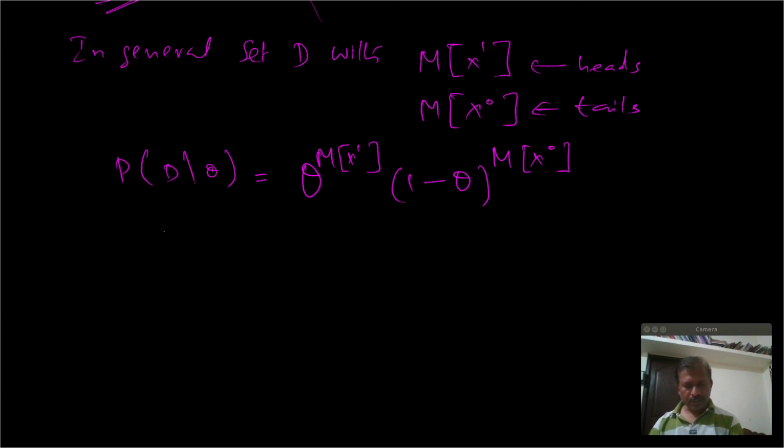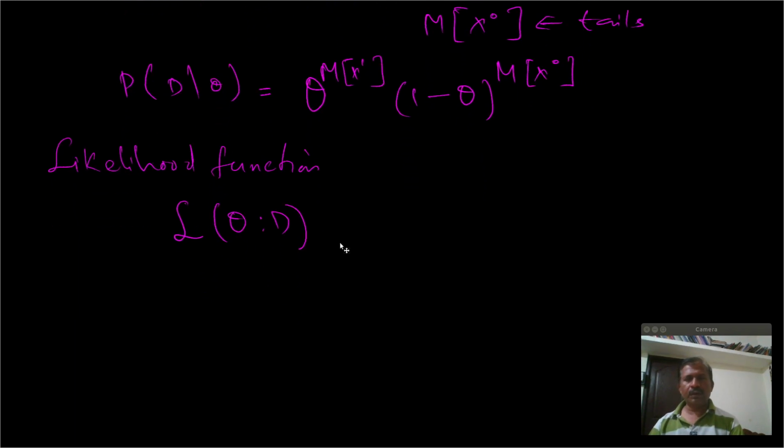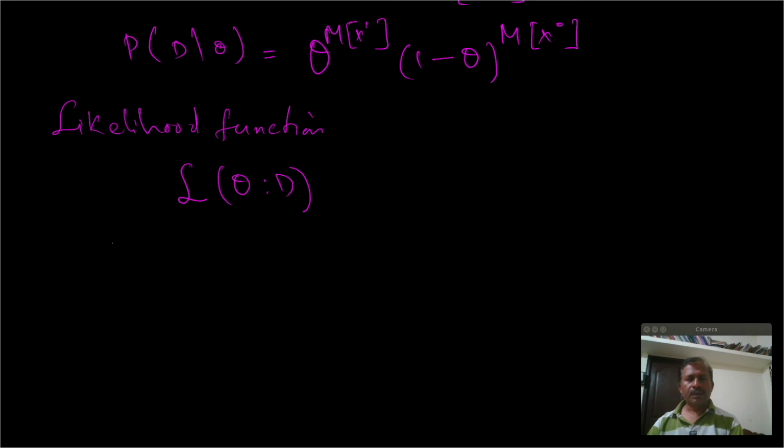Now we call this the likelihood function. I write it as L of theta. This is my likelihood function, and usually we represent this likelihood function as a log likelihood function.